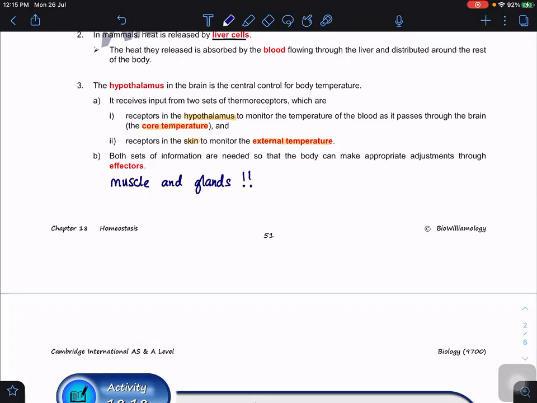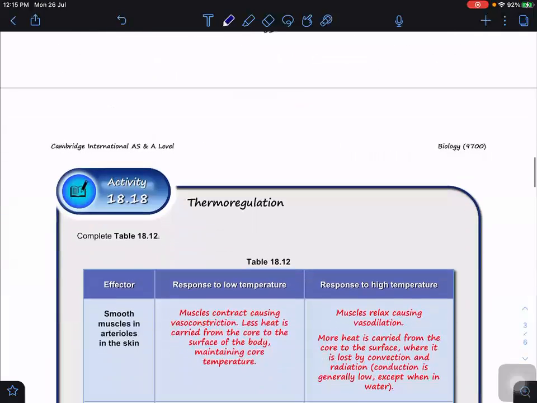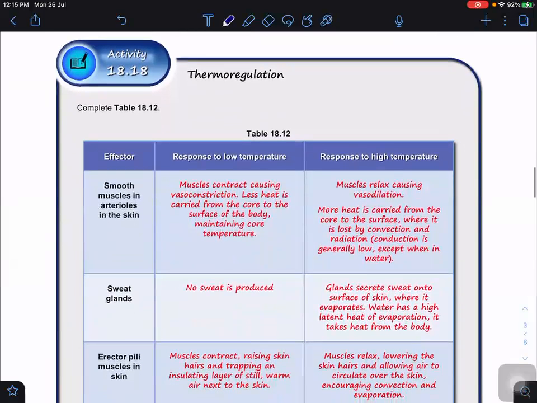For our syllabus here, we do not need to know the mechanism of how the corrective measure is done. Are you clear? We just need to know what the responses are when our core body temperature is low or high.